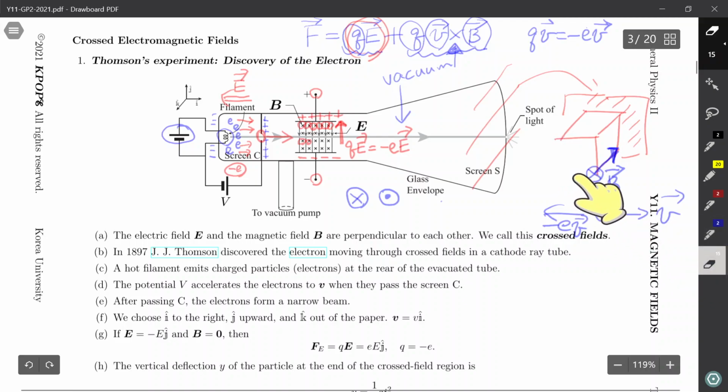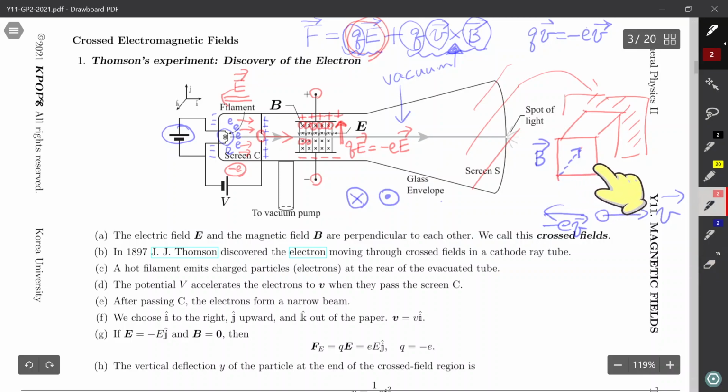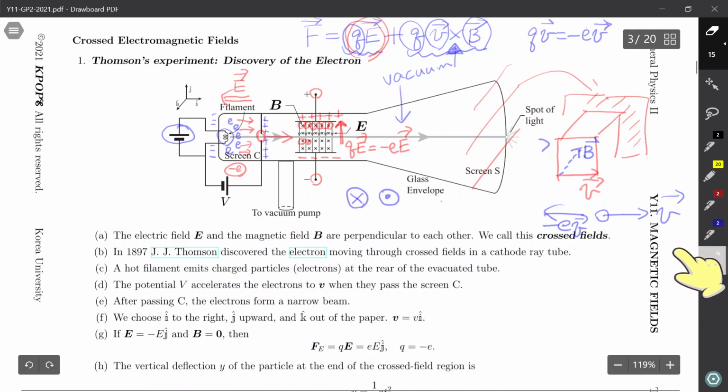Magnetic field, and we have V cross B. V cross B is upward.